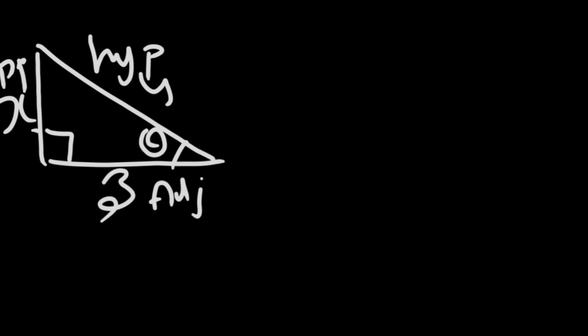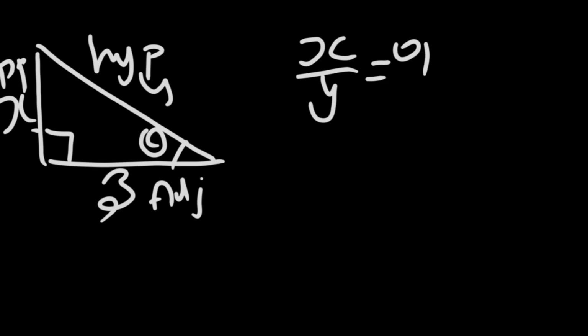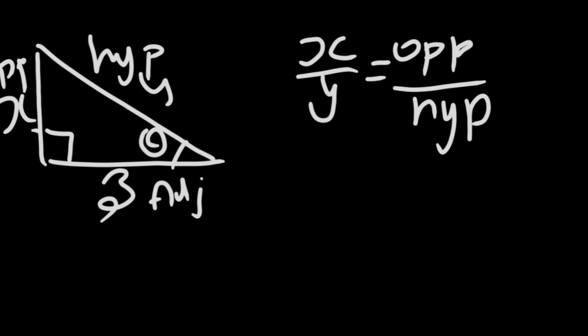So in respect to theta, the first ratio I've taken is x by y. This is the opposite side to theta by hypotenuse. The opposite side to theta is x and the hypotenuse is y.